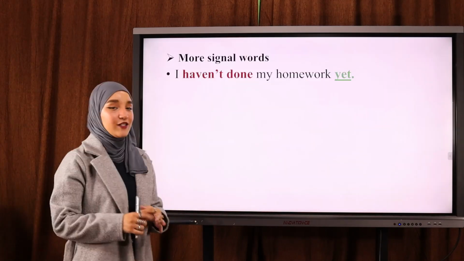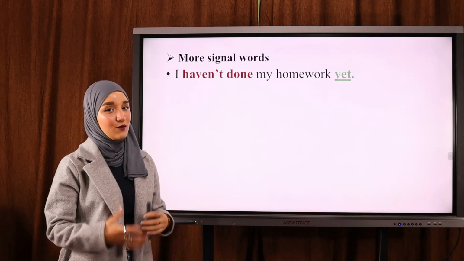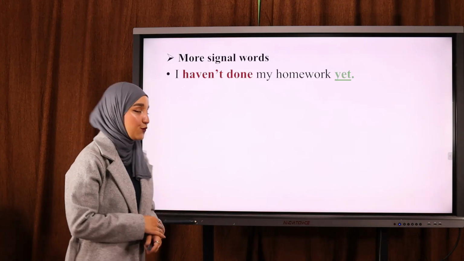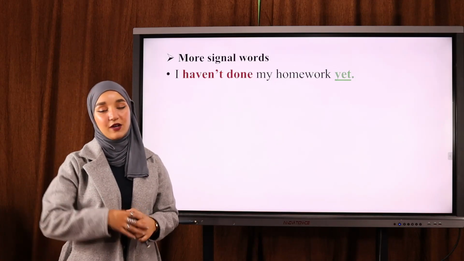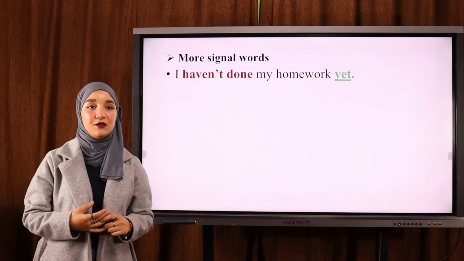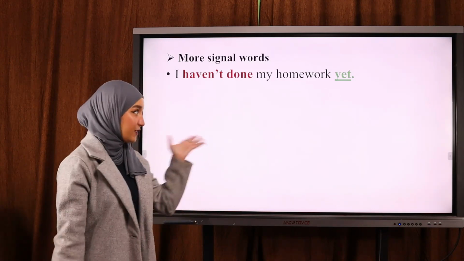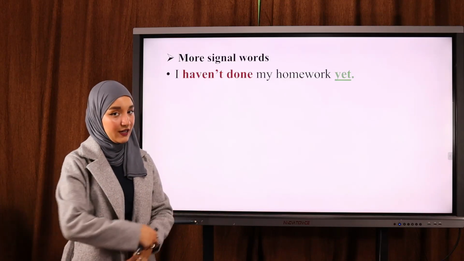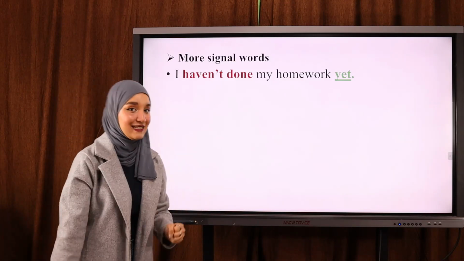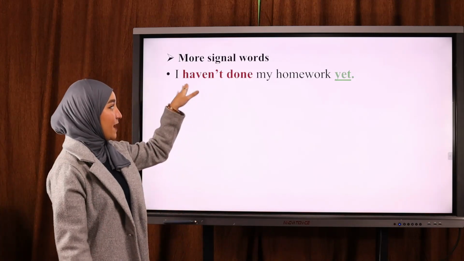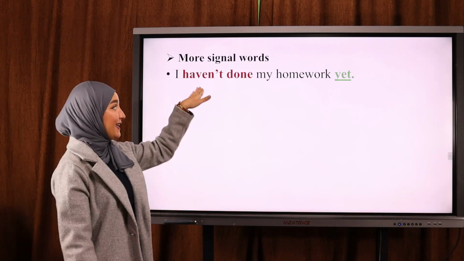Okay, so we take a look at some more signal words. As usual, those signal words help you identify the perfect tense or any other tenses. The first sentence, I haven't done my homework yet. I haven't done. So here I have the present perfect tense in the negative form.